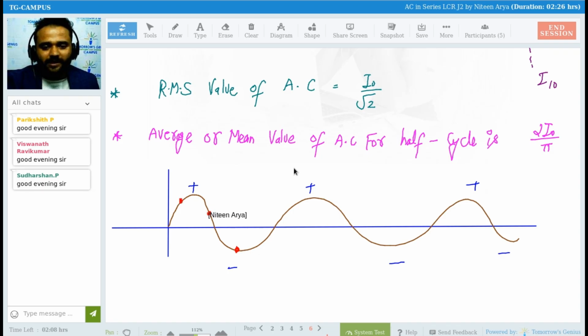At first it is this, at second it is this, even at fourth it is this. So I'm not going to deduct or remove this I3, I4 value. The moment I square that, automatically I can get the mean or average for the full cycle.